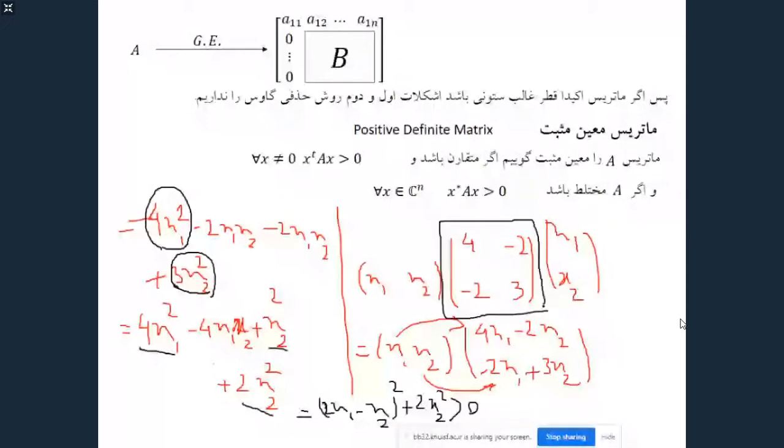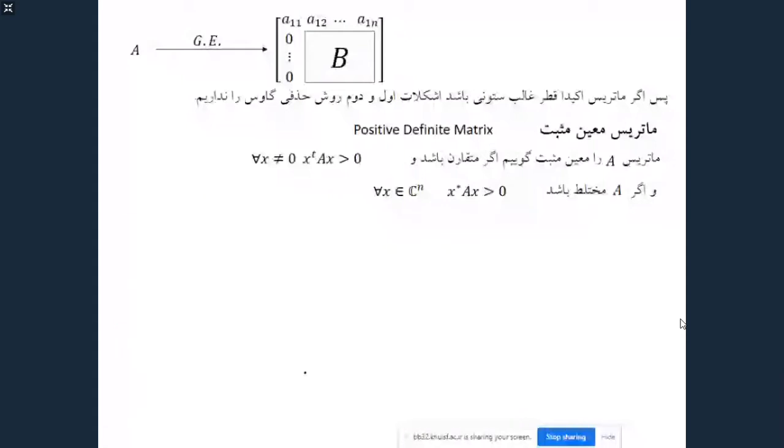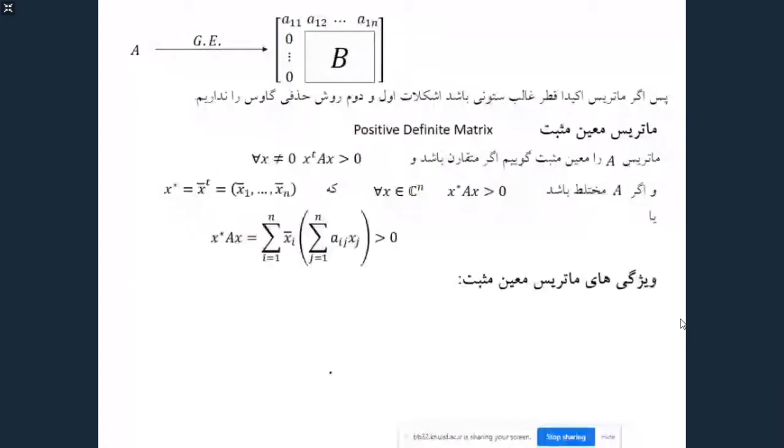I want to show that to you by writing some properties.